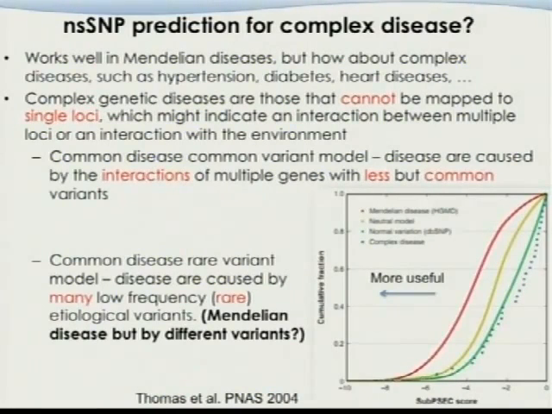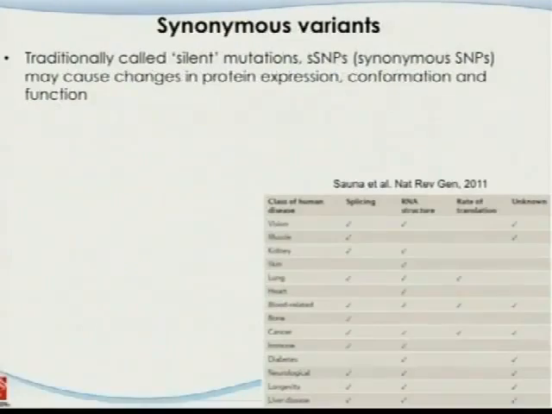If you go to the left side, the better the prediction power of these algorithms is. But you can see that for the complex disease, the evaluation shows this really doesn't do very well. Okay, so you want to use that as a precaution.